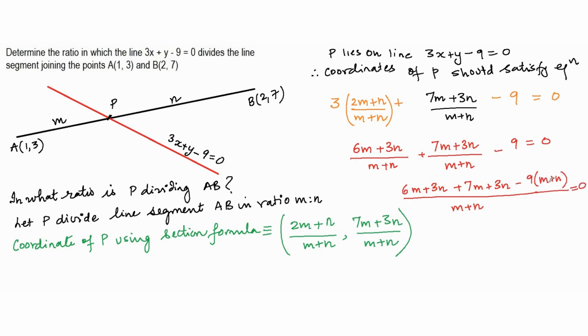Cross multiplying m plus n with 0, you get 6m plus 3n plus 7m plus 3n minus 9m minus 9n is equal to 0.